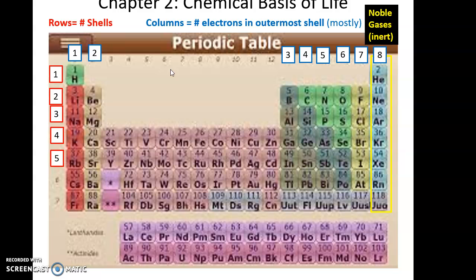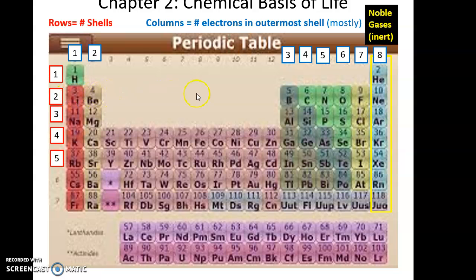Now, when we look at the periodic table, this will tell us how many energy shells an atom has, and also how many electrons are in the outermost shell. So, if we look at the rows, we see that these show how many energy shells the atom has. So, row 1, we have hydrogen and helium that have only 1 energy shell.